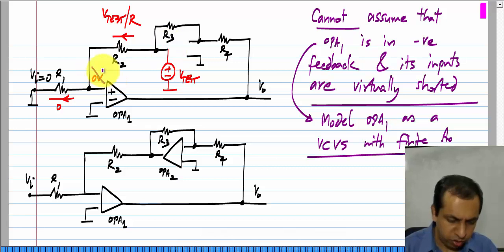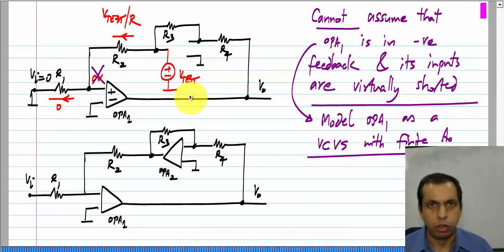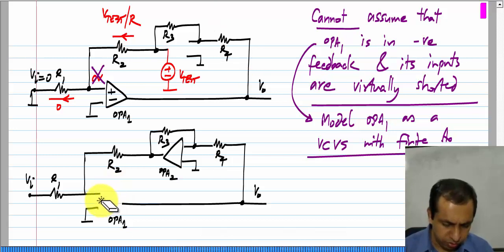So, I said we cannot do this, right. We cannot assume that OPA 1's inputs are virtually shorted. So, instead what we have to do is, we know that this is the positive and negative terminal of the op amp. Okay.